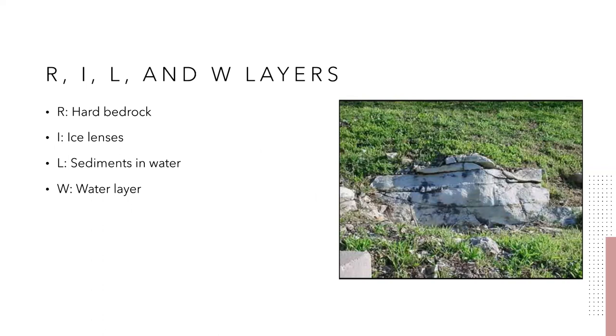The L layer represents the sediment deposit in a body of water. This layer is a testament to periods when the area might have been submerged underwater, either due to natural water bodies or flooding events. Lastly, the W layers are essentially water layers within the soil or layers submerging the soil.